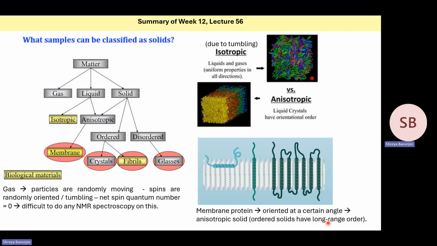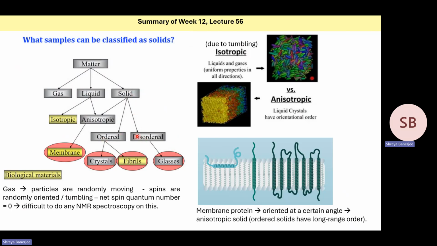Ordered solids, on the other hand, have long range order. So ordered solids are exactly like the crystals we have studied so far. As you know about crystals, they have a unit cell, and the orientation in the unit cell is repeated throughout the crystal, no matter how big the crystal is. So ordered solids basically have long range order, and they can be crystals, but they can also be fibrils, fiber-like solids.